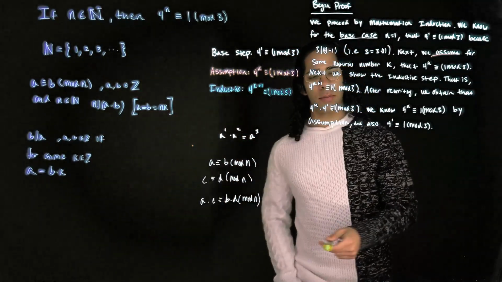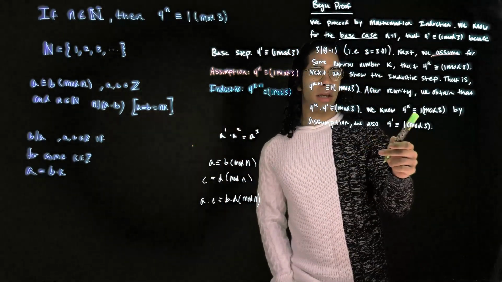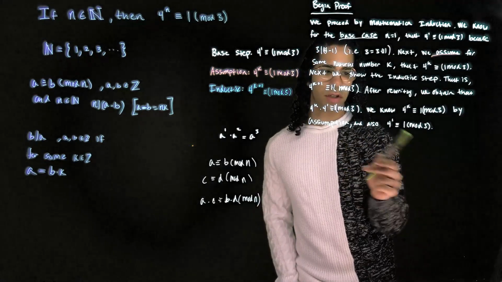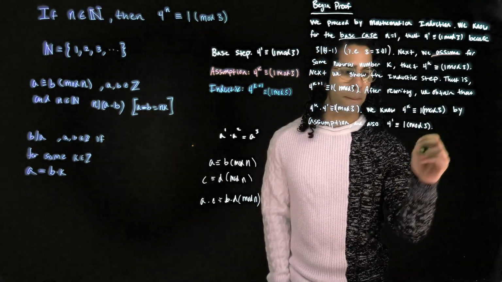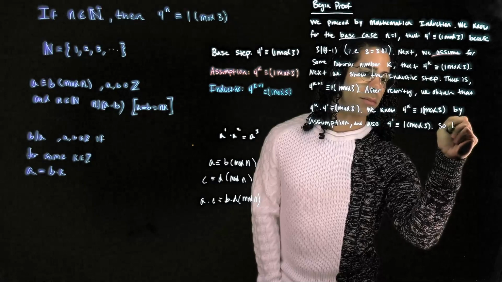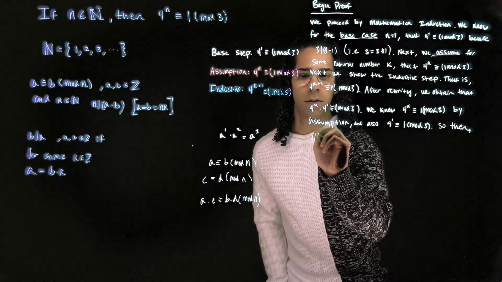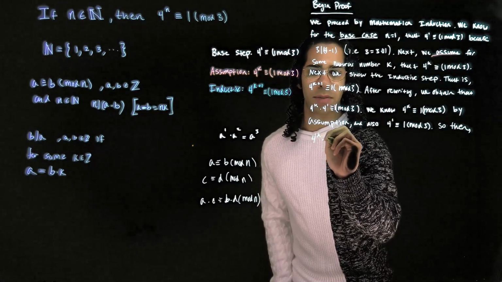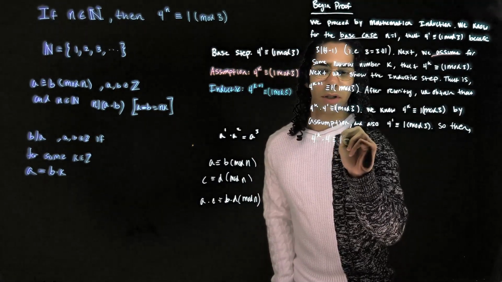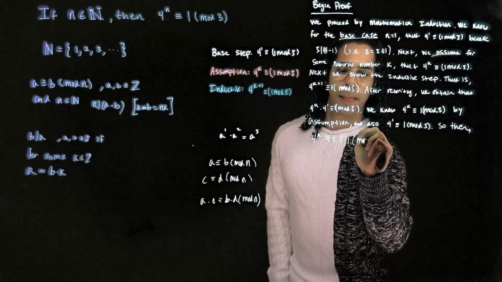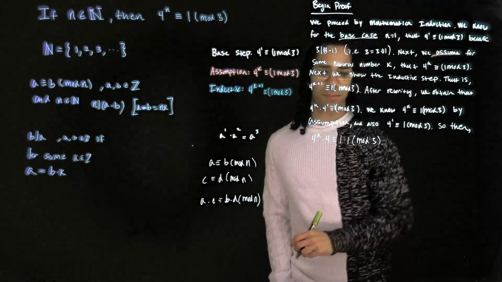So I can apply that same principle here. I know 4 to the k is congruent to 1 mod 3. I know 4 to the 1 is congruent to 1 mod 3. So then I have 4 to the k times 4 is congruent to 1 times 1 mod 3.